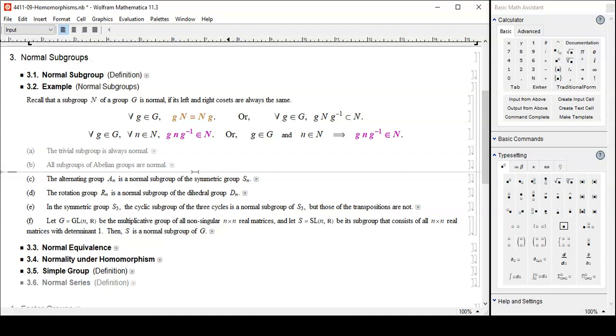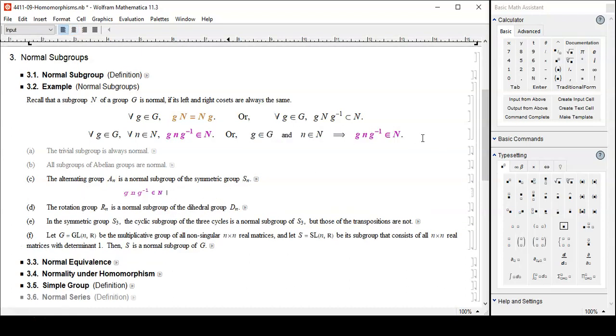However, the number is unique modulo 2. Whether it is even or odd is definite. So take all the even permutations that form the subgroup, and that's called the alternating group. So how do you prove that the alternating group is a normal subgroup of the symmetric group? Well, basically you have to do this.